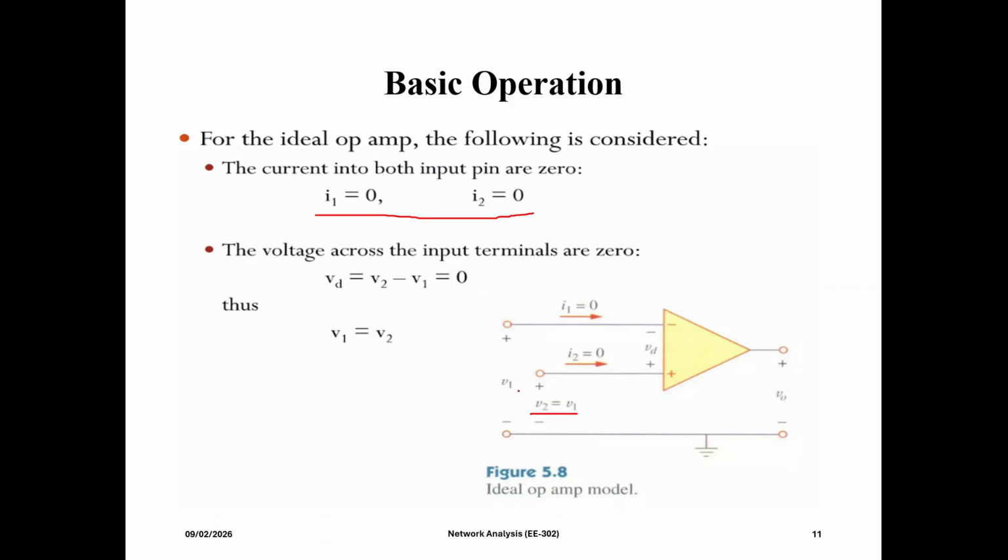So using these rules, we can analyze inverting amplifiers, non-inverting amplifiers, summer and difference amplifier. We can analyze these different types of configurations using these two assumptions, the first one and the second one.